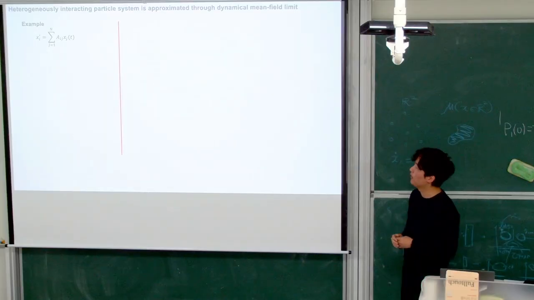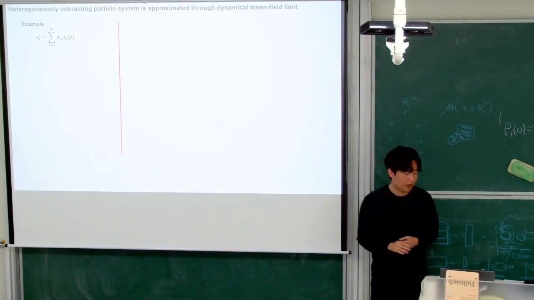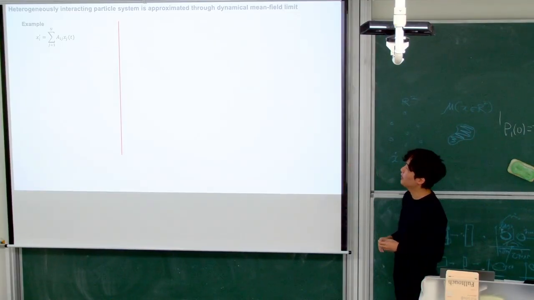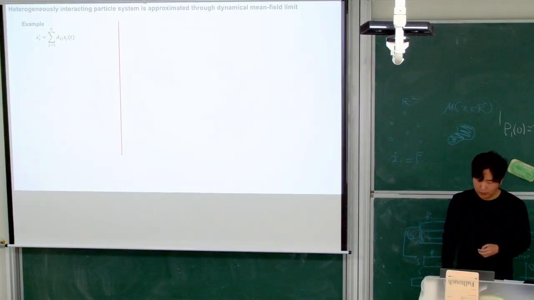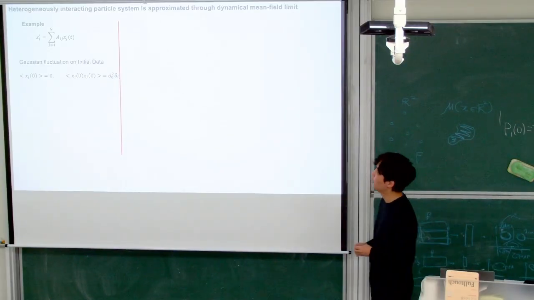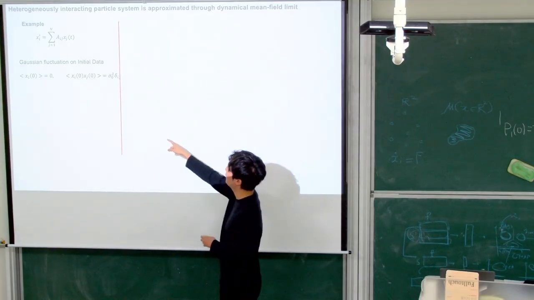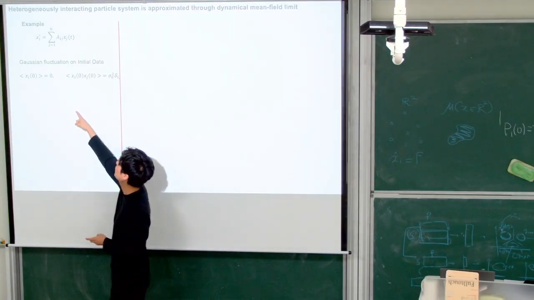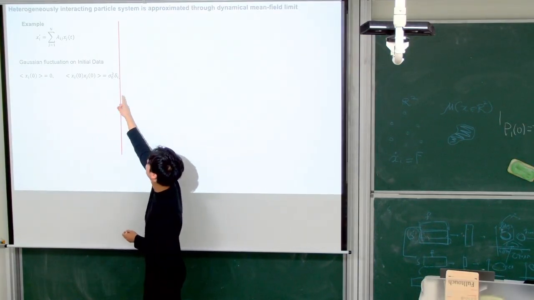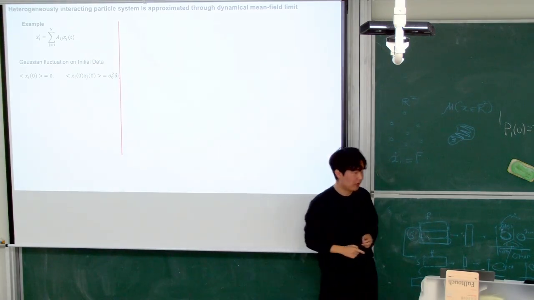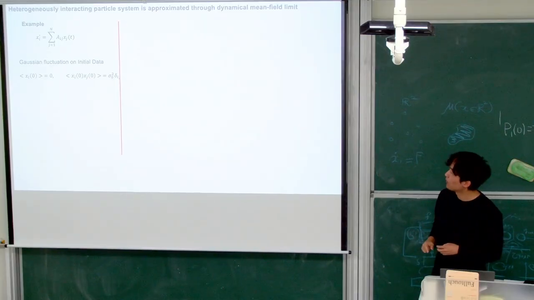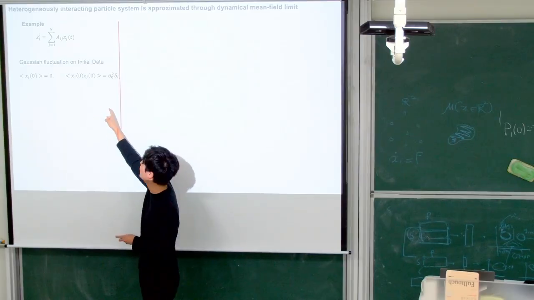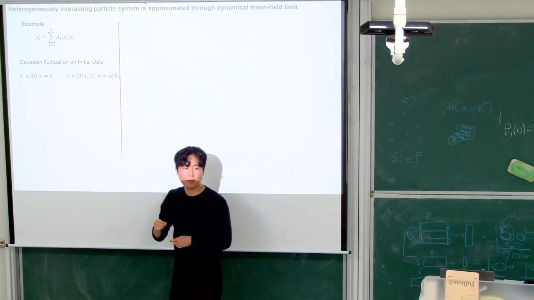So for instance, let me give you a brief overview of dynamical mean field theory. You want to study this interacting particle system with an Aij network, and we assume some Gaussian distribution on the initial data. So its initial expectation is 0, and you have this variance sigma squared. This Dirac delta means that if i and j are different, then they are independent.